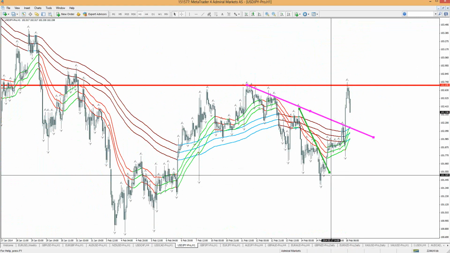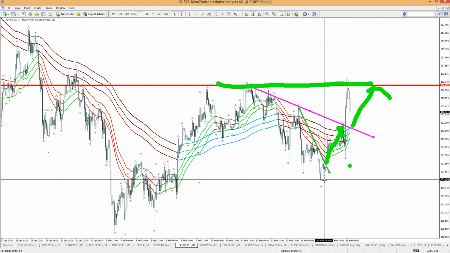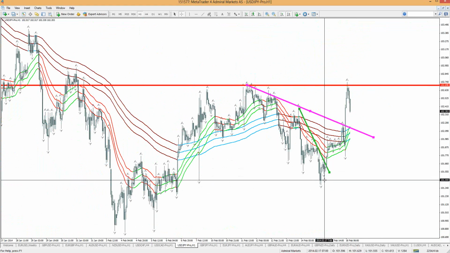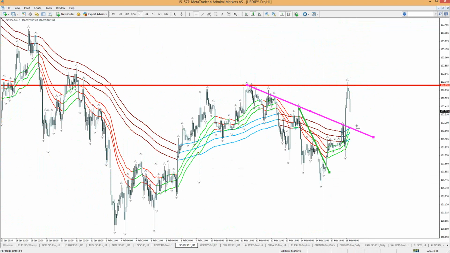But price can't break this top at the moment. So important support could be, for instance, these tops right here.